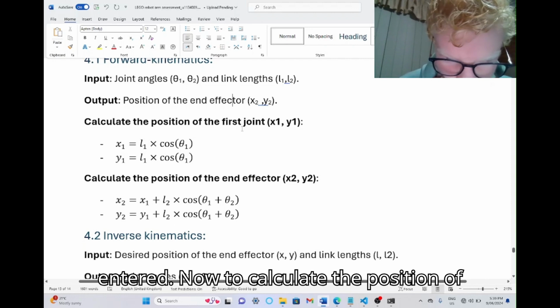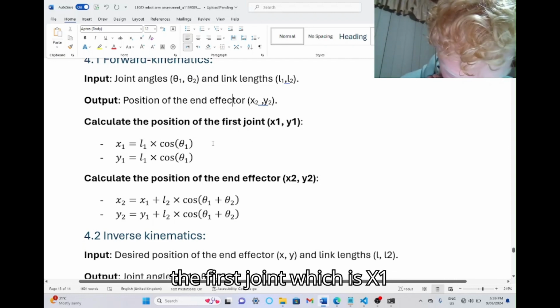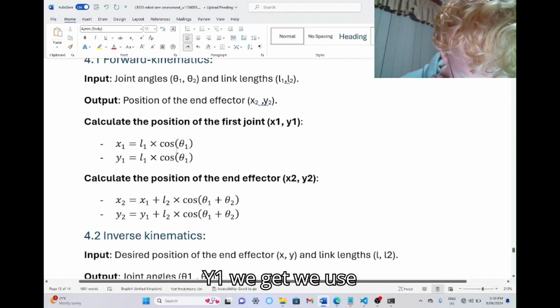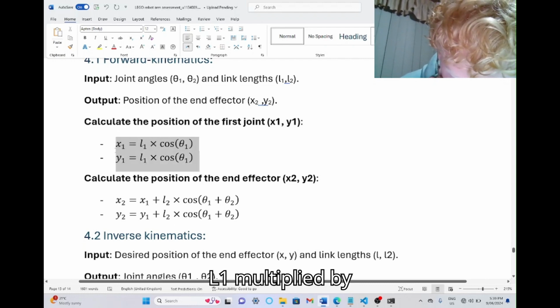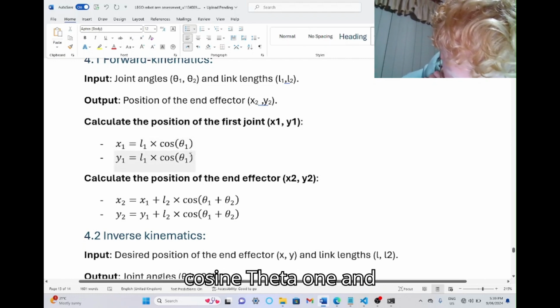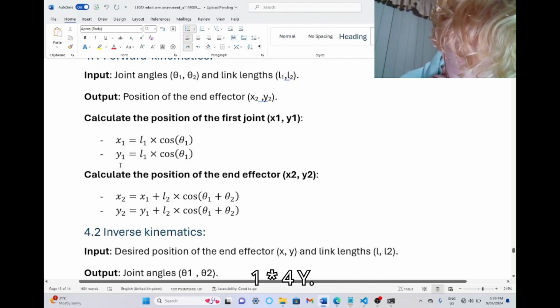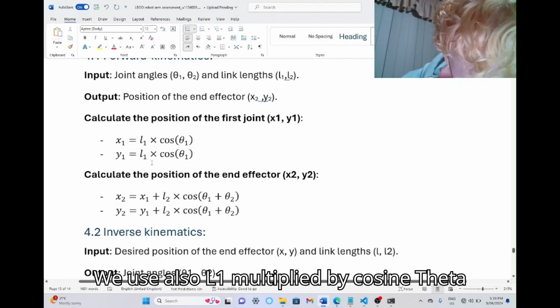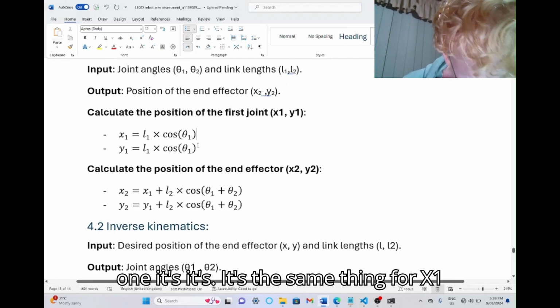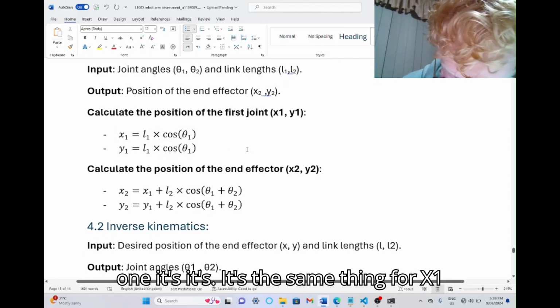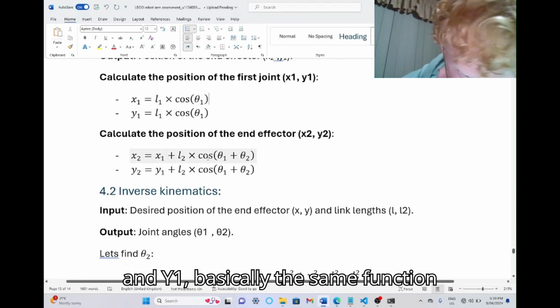Now, to calculate the position of the first joint, which is x1, y1, we use L1 multiplied by cosine θ1 for x and L1 multiplied by sine θ1 for y. It's basically the same function for x1 and y1.